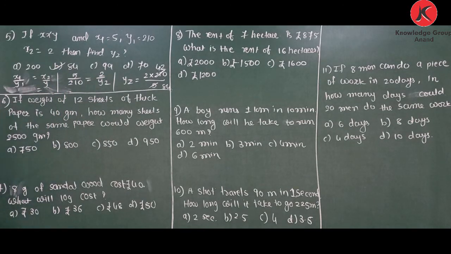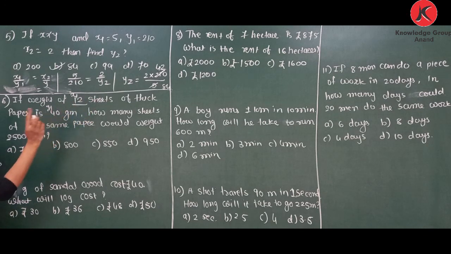Next one, a weight of 12 sheets of thick paper is 40 grams. How many sheets of same paper would weigh 2500 grams? If number of sheets are increasing, weight is increased, and if number of sheets are decreasing, then weight is decreased. So here we can write this one as x1, this one as y1.